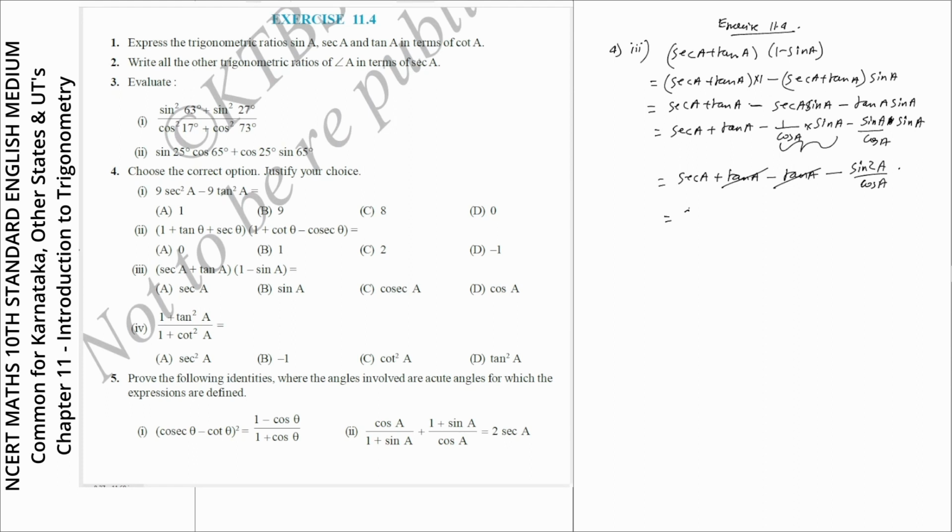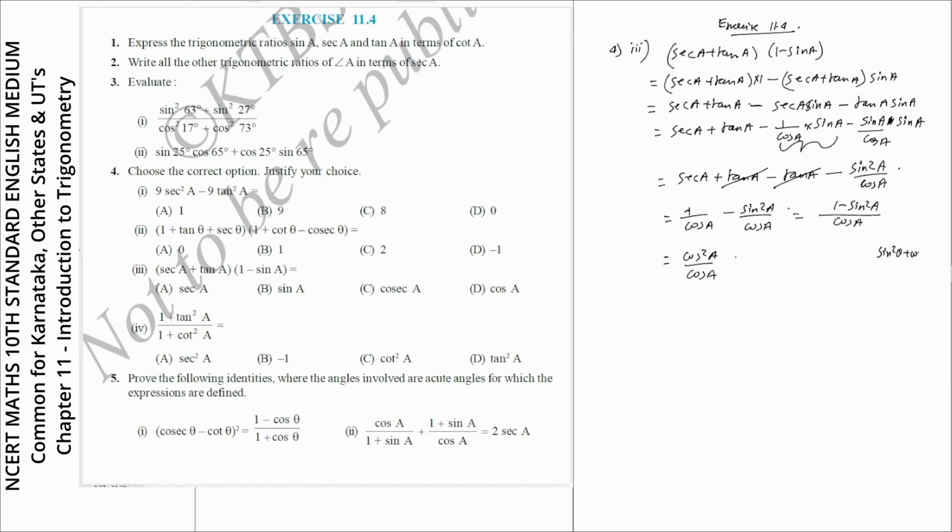Now secant A I can write as 1 by cos A minus sin square A by cos A. Okay, now if I take the LCM, cos A is common, so 1 minus sin square A. So what is 1 minus sin square A? 1 minus sin square A is cos square A by cos A. Why 1 minus sin square A is cos square A?